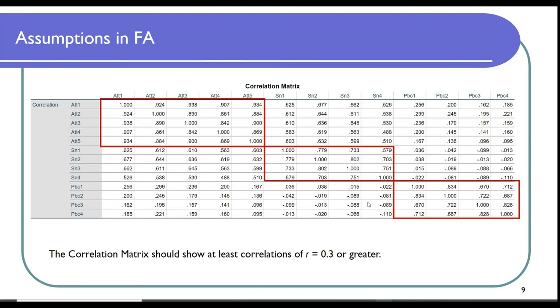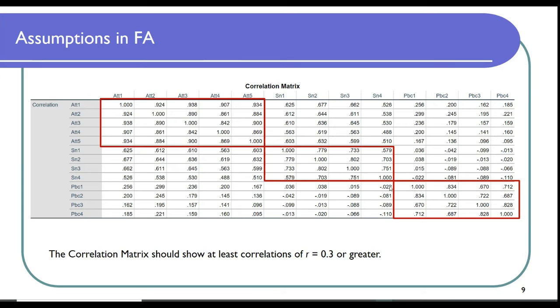Let's look at the next table. The next table is the correlation matrix, which is very important. In this correlation matrix, you need to look for correlation coefficients of 0.3 and above. As you can see, the correlation between the items in one specific factor is greater than 0.3, as shown in these red rectangles.